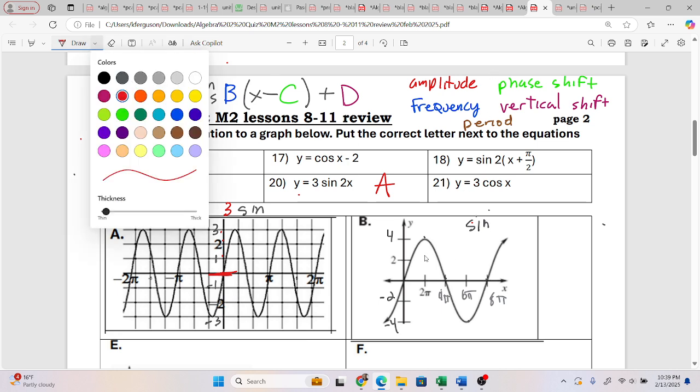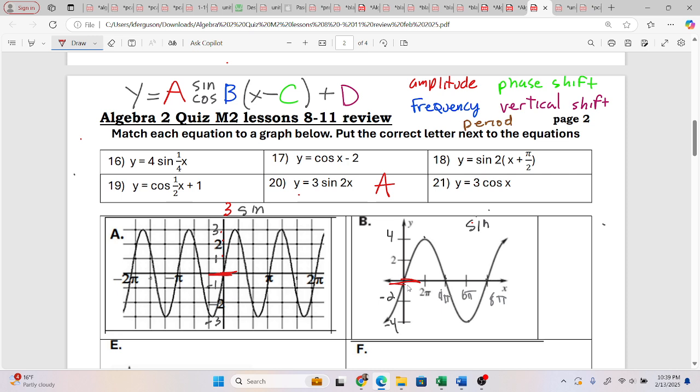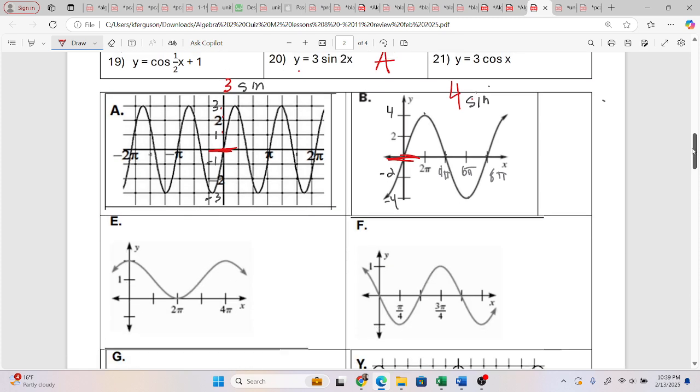My amplitude for this graph, if this is the midline, 2, 4 is the high point. So I have an amplitude of 4. I can stop right there, because if I look at all my equations, I've only got one that has an amplitude of 4. So bada boom, bada bing. That would be B.